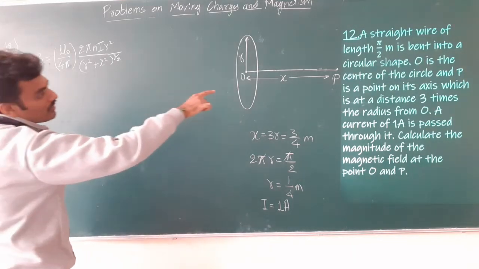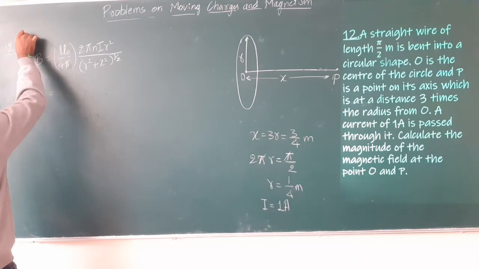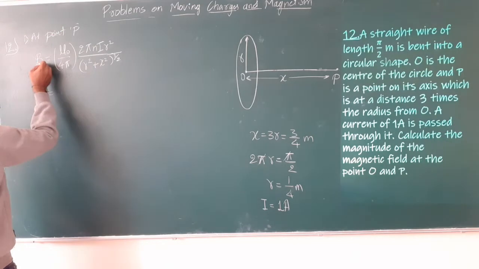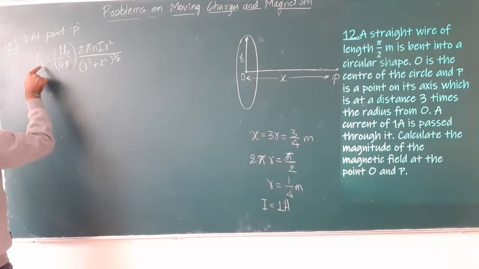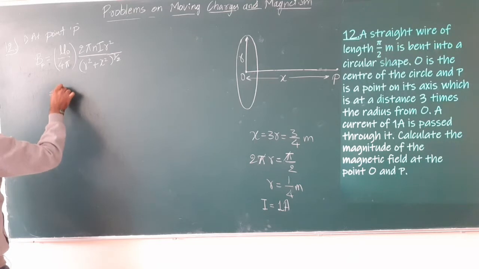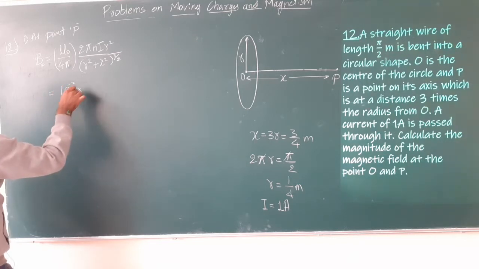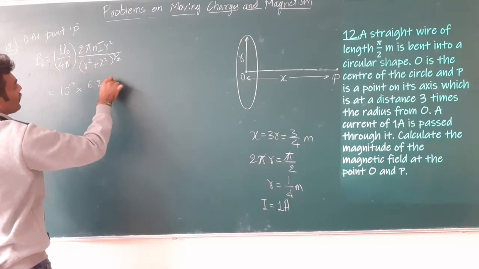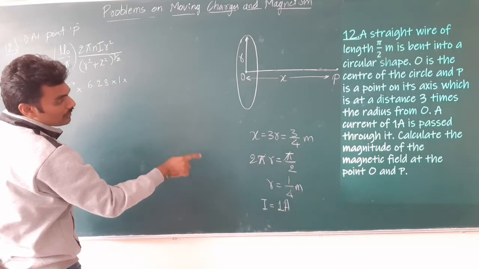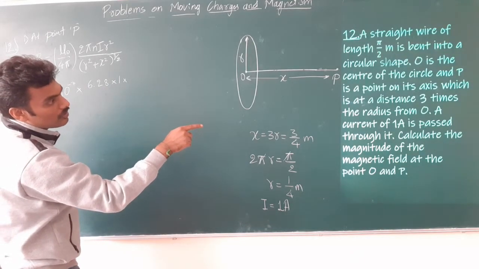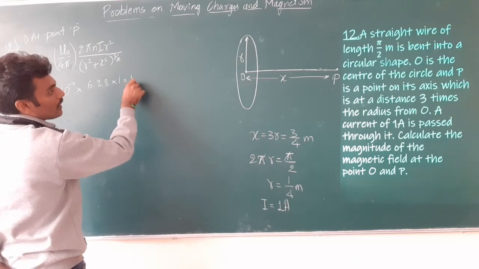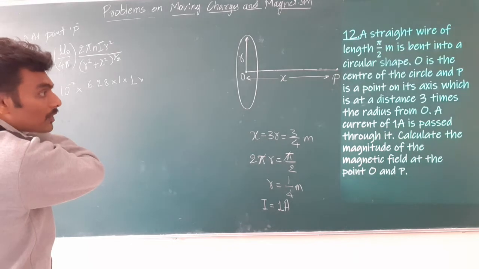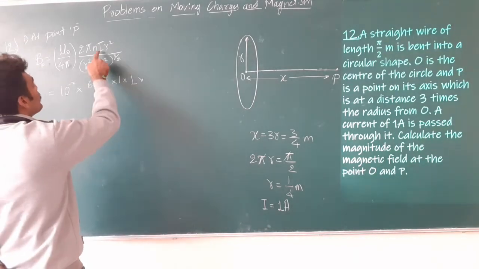So since the point chosen is P, we should rename it at point P, and hence you can put a subscript of P. Magnetic field at point P is equal to mu naught by 4 pi, which is 10 to the power of minus 7, into 2 pi which is 6.28, N is 1, current flowing is 1 ampere, into r squared.